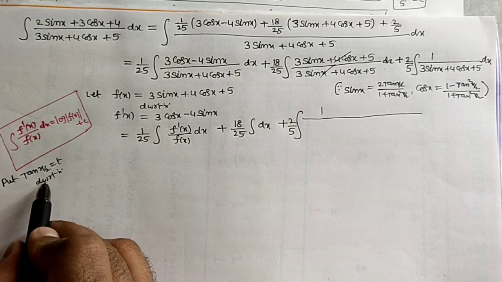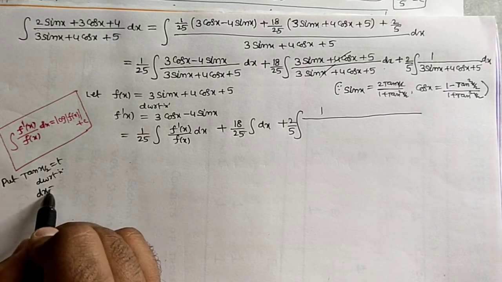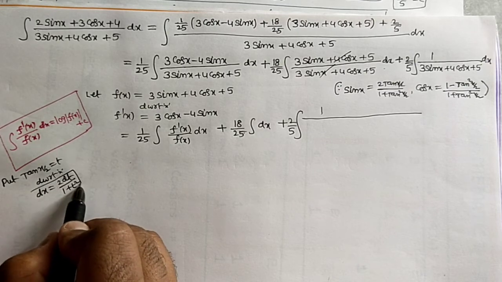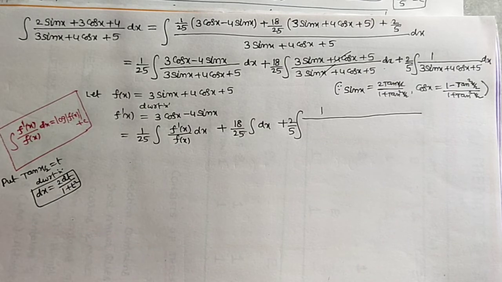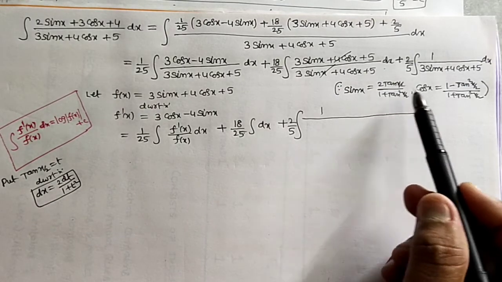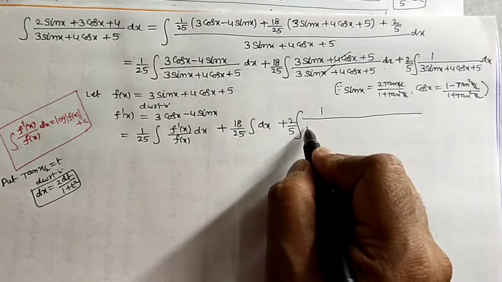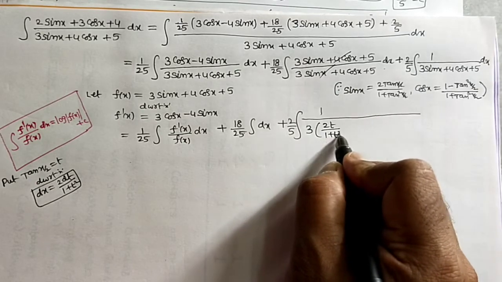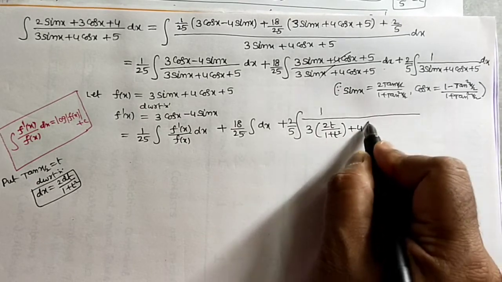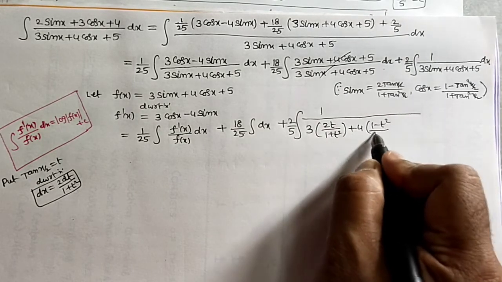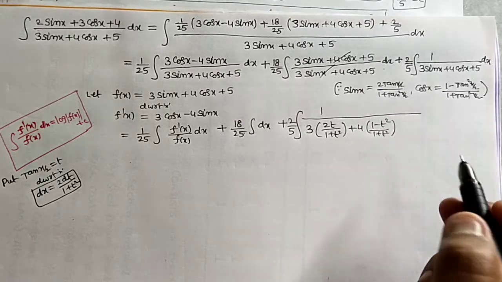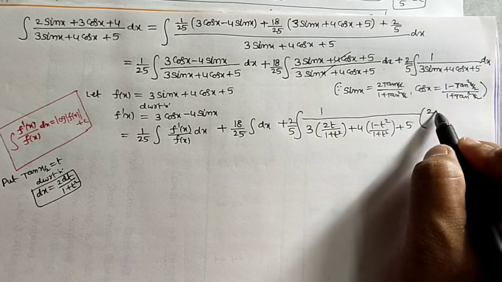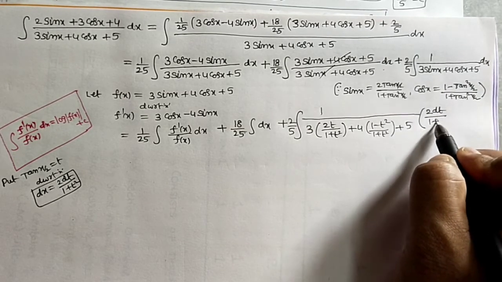In the previous sessions I told that dx is equal to 2 dt by 1 plus t square. So now sin x and cos x in terms of t we will write as 3 into 2t by 1 plus t square plus 4 into 1 minus t square divided by 1 plus t square plus 5 into 2 dt by 1 plus t square.